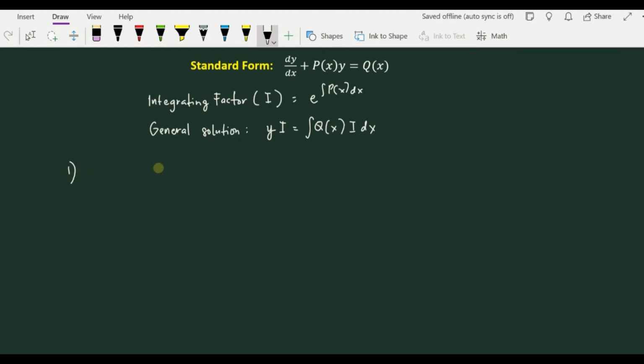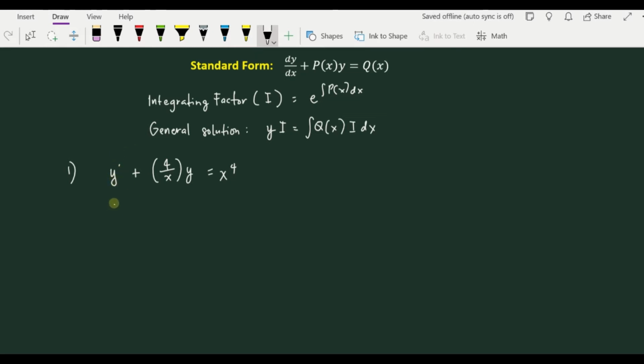We have the differential equation y prime plus 4 over x times y equals x to the 4th. Okay, so makikita ninyo dito, this is already in standard form. Why?